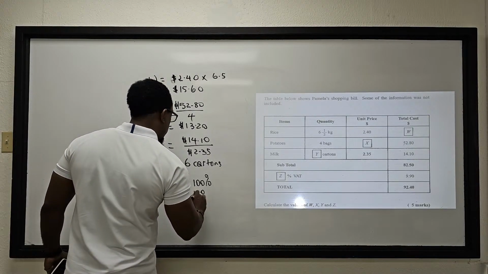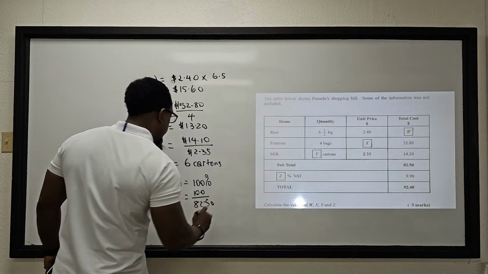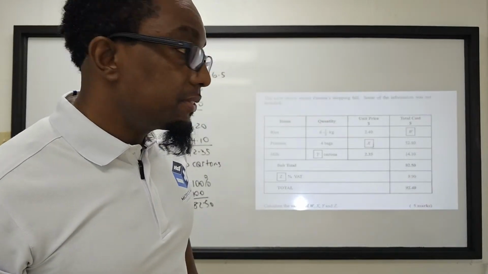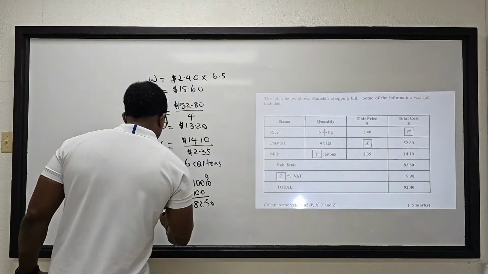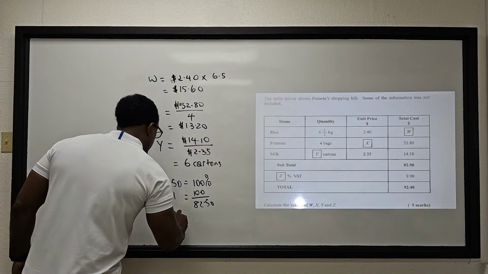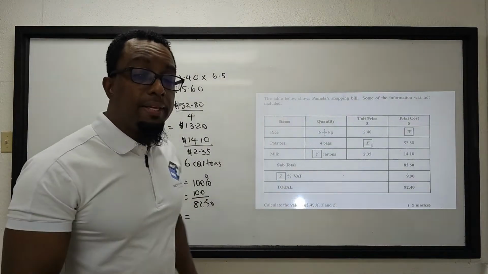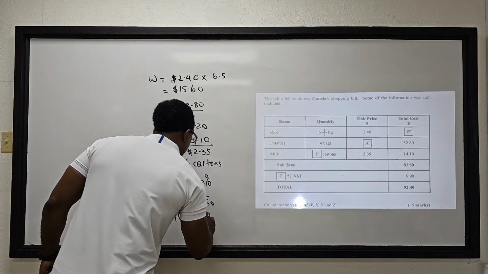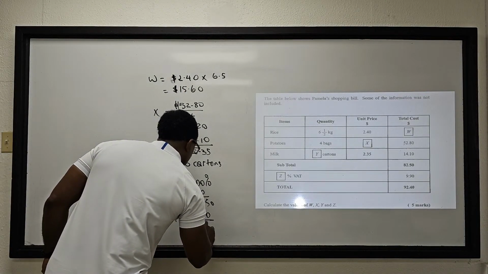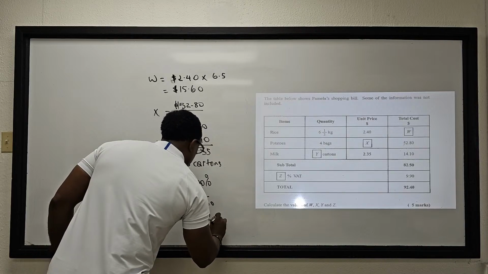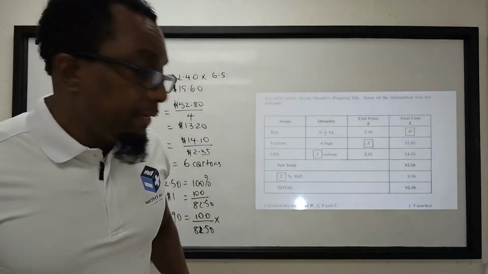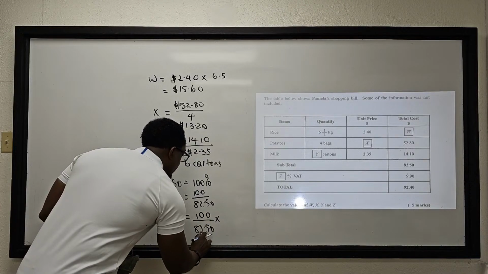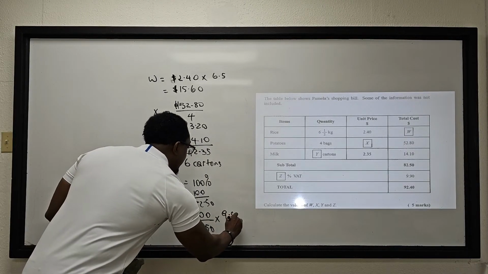That is equal to 100 over 82.50. And then we can determine what $9.90 is equal to in terms of a percentage, so this will be 100 all over 82.50 times 9.90.